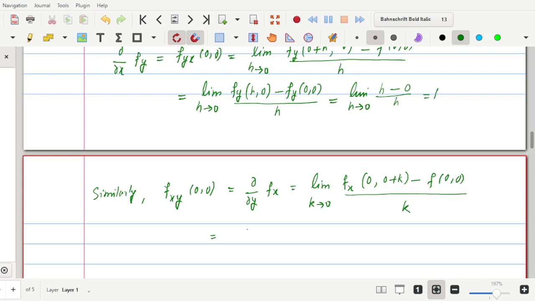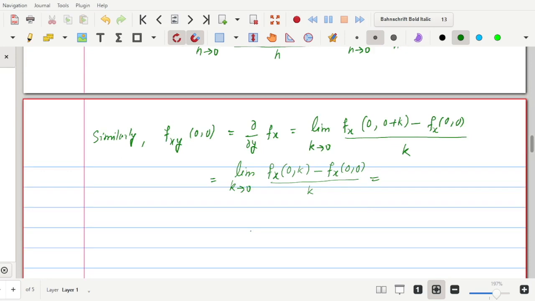So this is equal to limit k tends to 0, fx(0, k) minus fx(0, 0) whole divided by k. Now fx at (0, y) was already calculated to be equal to minus y, so this becomes limit k tends to 0. So this fx(0, k) is minus k, minus fx(0, 0) which is 0, divided by k, so this is equal to minus 1.